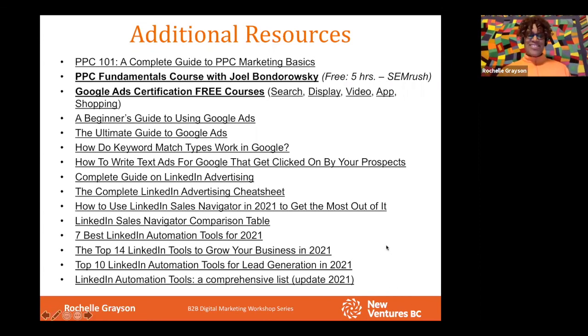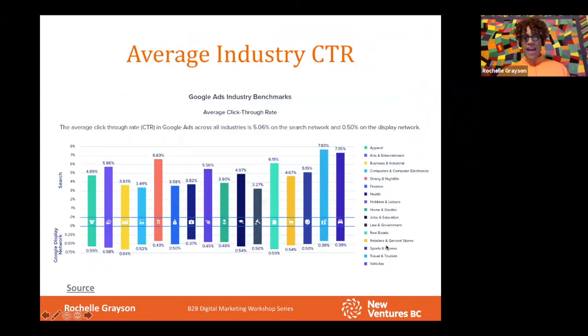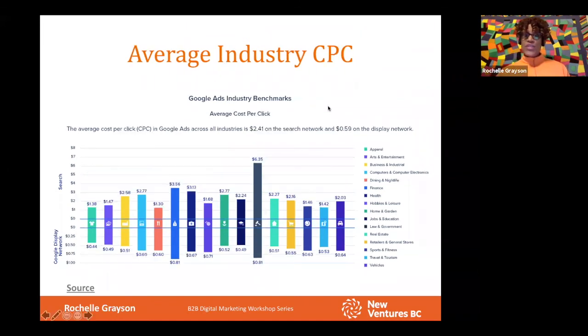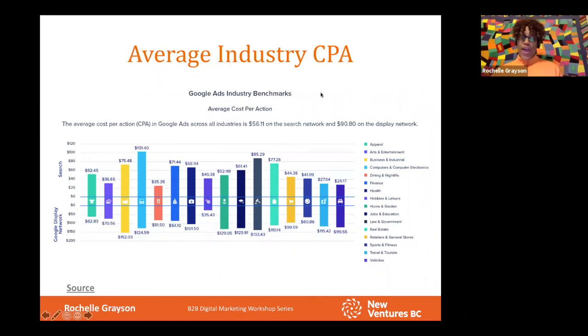That's also important. And then I have average industry click-through rates, cost per clicks based on industries, conversion rates so that you can know what's happening on search versus Google display networks, and cost per action rates as well. So you have some benchmarks to get started.